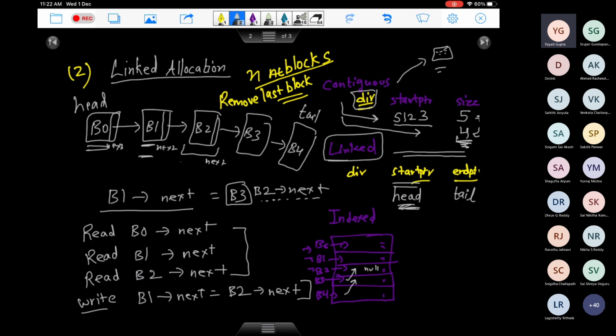Maybe later on you can use it if you implement it in a different way, right? So if you implement your index block as an array, it will again become order of n, in case there were n blocks and you have to remove a particular block from your file.